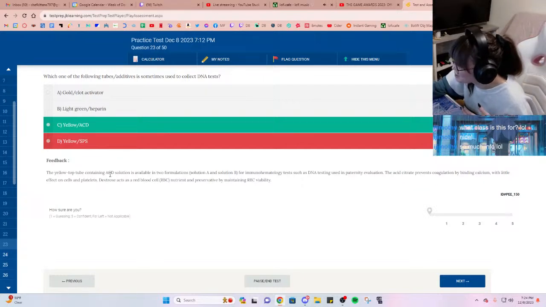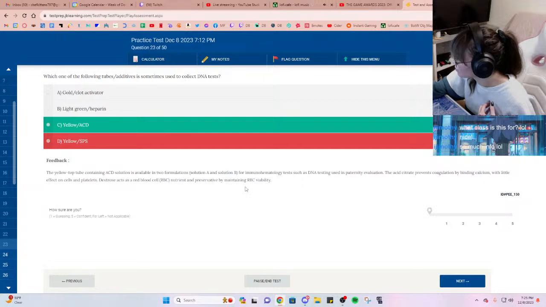The yellow top tube containing ACD solution is available in two formulations, solution A and solution B, for immunohematology tests such as DNA testing used in paternity evaluation. The acid citrate prevents coagulation by binding calcium with little effect on cells and platelets. Dextrose acts as a red blood cell nutrient and preservative by maintaining RBC viability. Dextrose. Oh, it has dextrose? ACD.